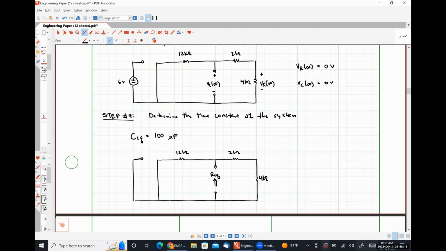So I hear 12, 4, 8, lots of things. Nobody's giving me any math. I would argue that this takes at least a little bit of math. 12 in parallel with 6, right? So 12 times 6 over 12 plus 6.